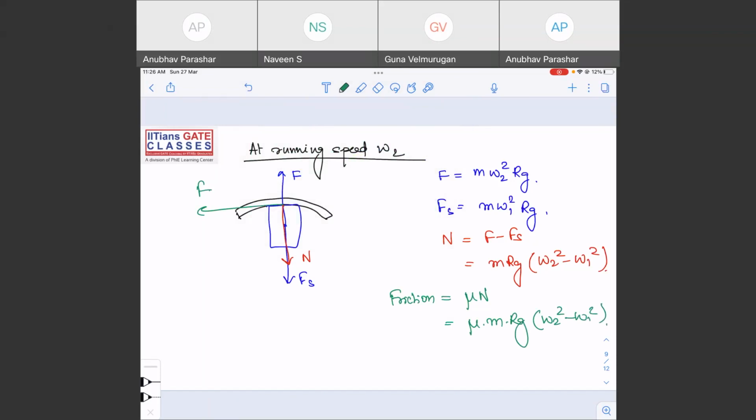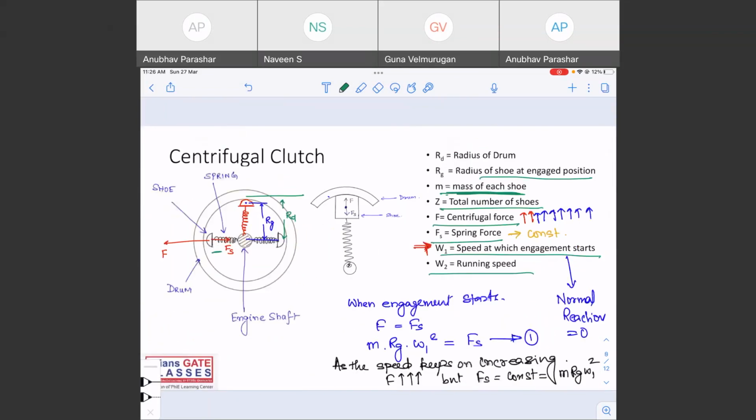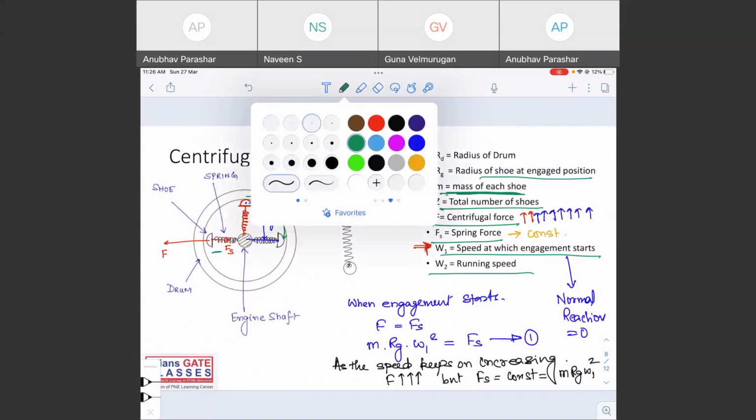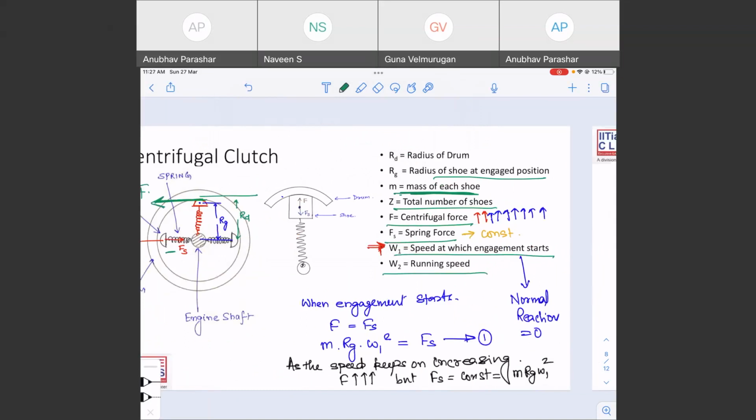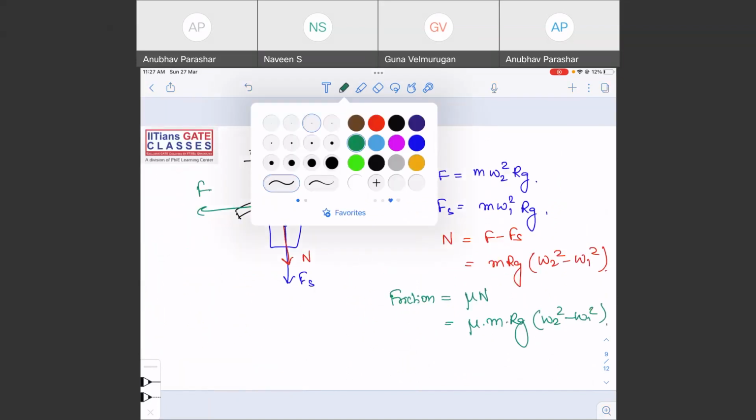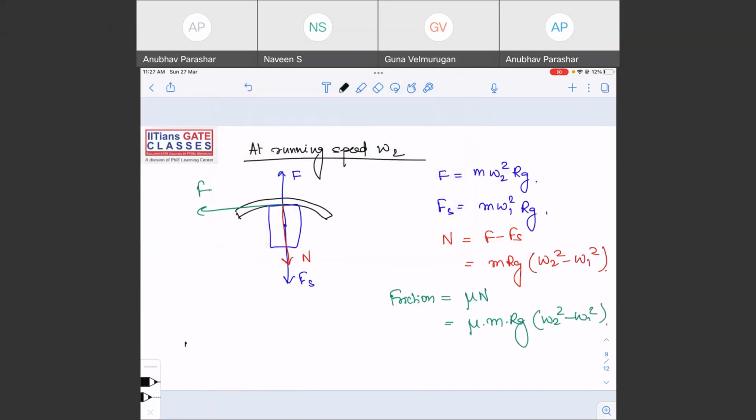So where is friction developing? Friction is developing in the drum, right? So what will be the frictional torque? This is important.